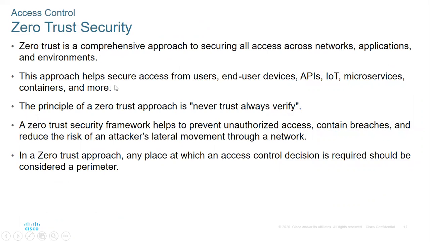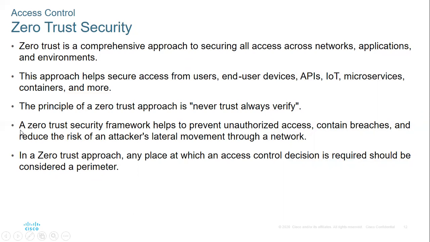So this approach helps secure access from users, end user devices, APIs, IoT, microservices, containers, and more. Okay, so the principle of the zero trust approach is never trust, but always verify.